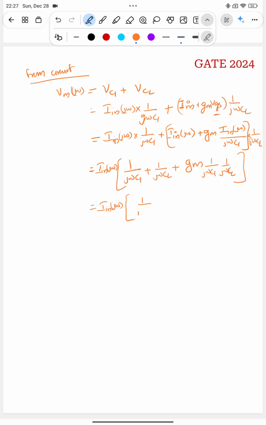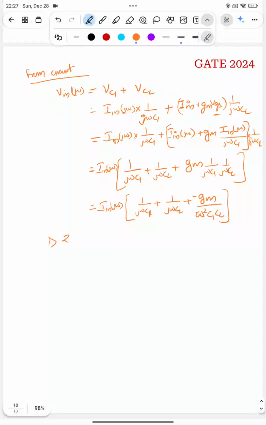So this will be equal to 1 by j omega C1 plus 1 by j omega CL plus Gm by j into j, which is minus 1. So I will write it as minus Gm, and this is omega C1 into omega CL, that is omega square C1 into CL.